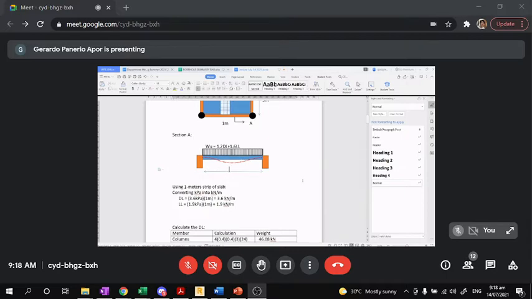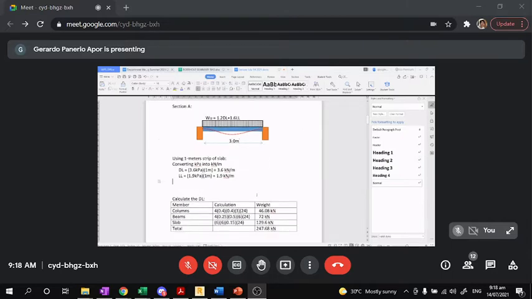Now this is now 3 meters, no? The one that we are going to consider. Instead of using 6 meters, we use the shorter span. So in other words, your WU here, in the philosophy of design that we use, is the ultimate. The WU is equal to 1.2 times 3.6 plus 1.6 times 1.9.